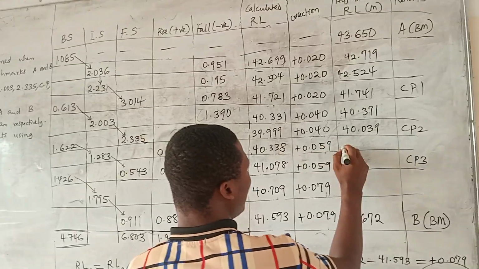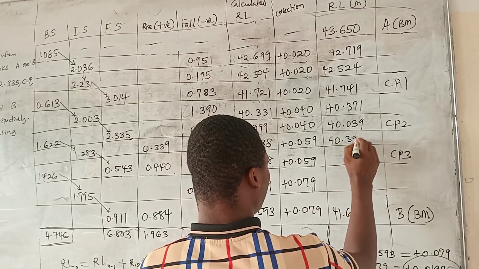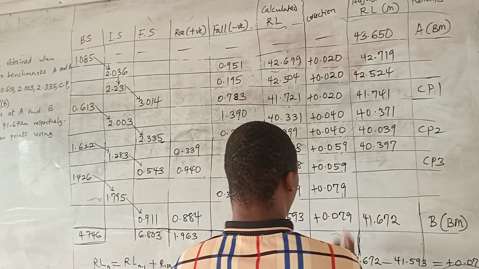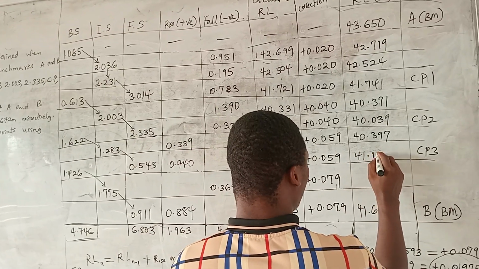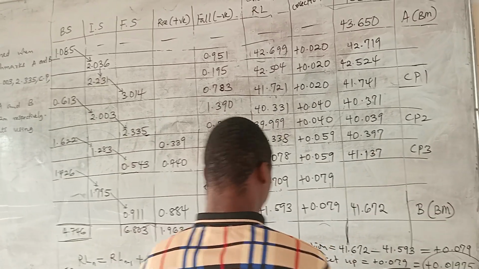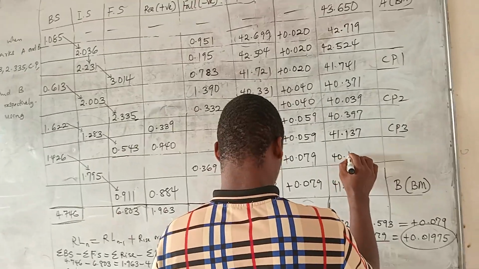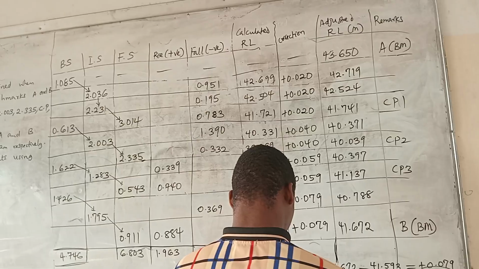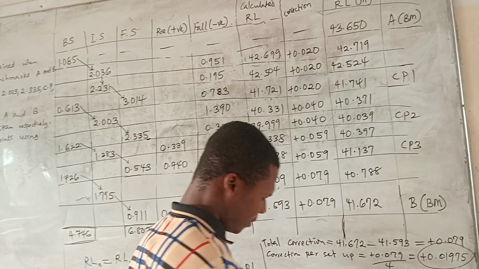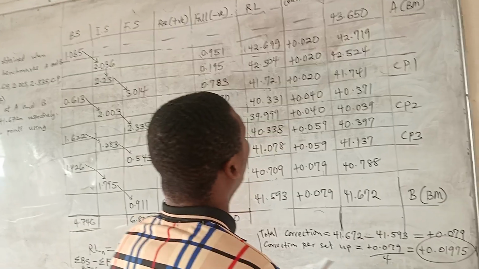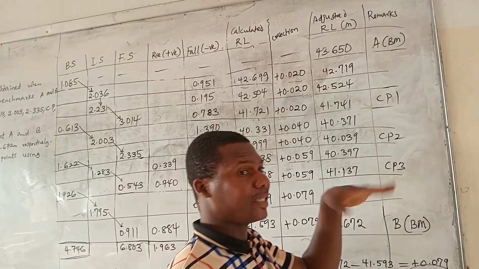These 2, you have 40.397. And if you add these 2, you have 41.137. If you add these 2, you have 40.788. And if you add these 2 together, you have this. You can see that that is how you are going to get all the adjusted reduced levels.